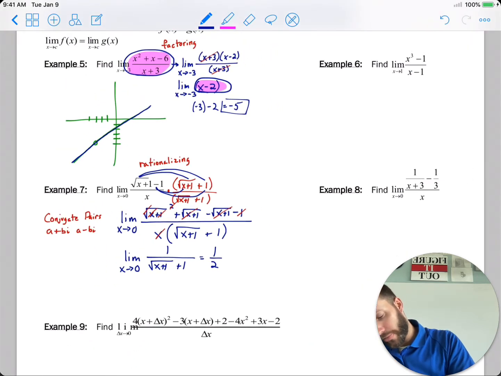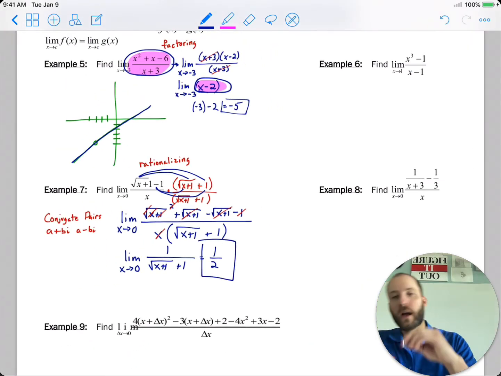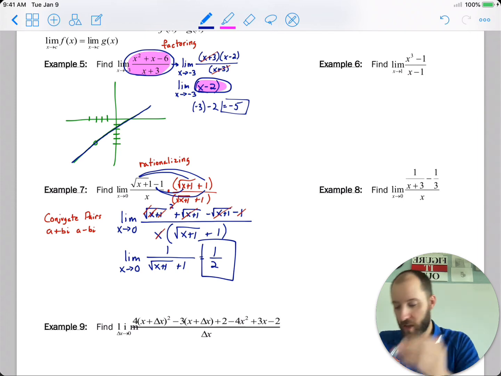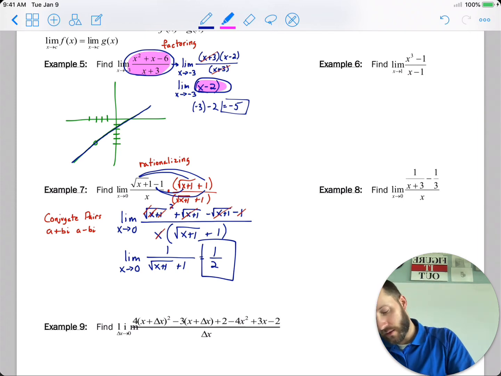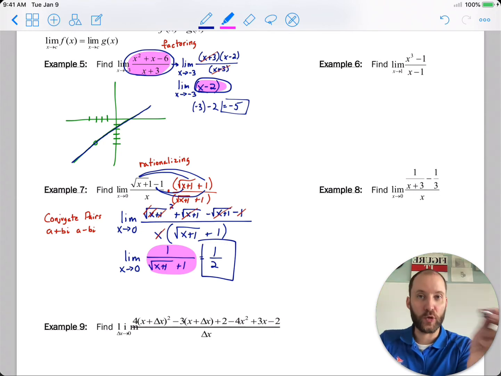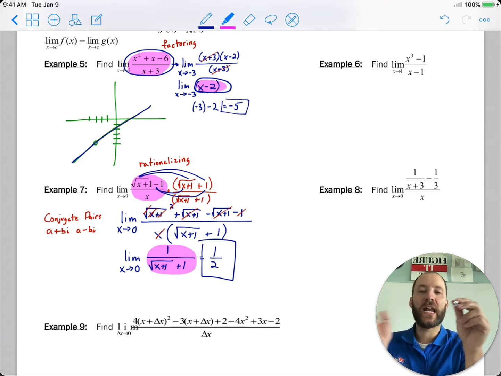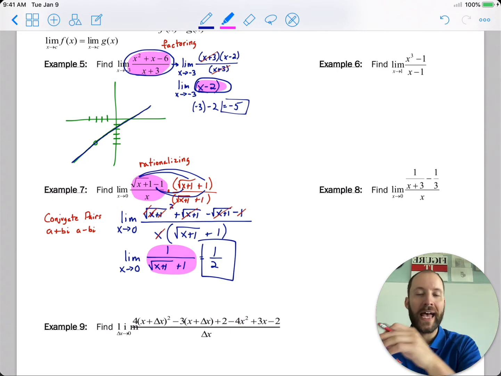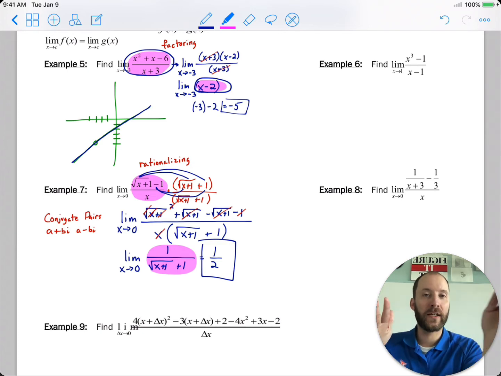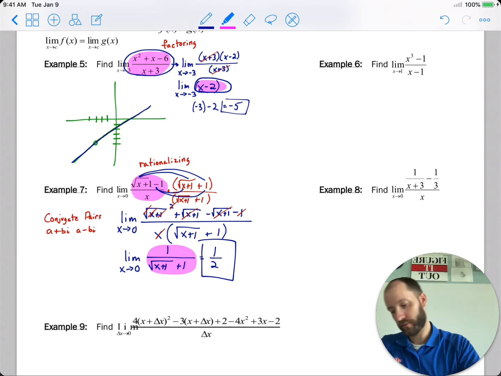So, again, finding a function, 1 over root x plus 1 plus 1, that agrees or mimics or mirrors your original function. And where the original function has a hole, the new one plugs in, fills in that hole.